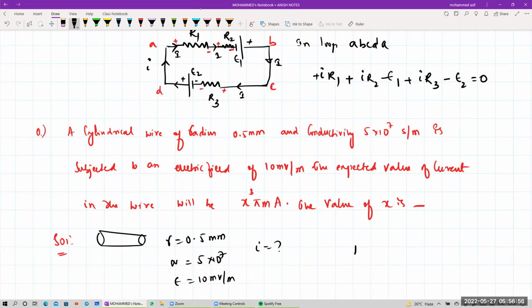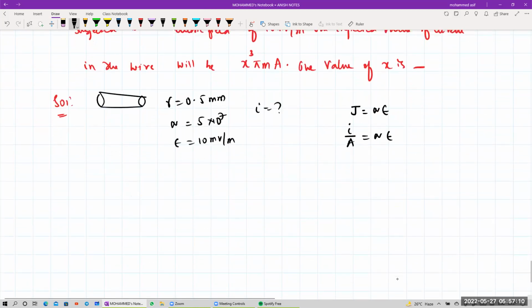Okay, we know current density, beta, J is equal to sigma into E. Yes, sir. Current density means what, beta? Current by your area is equal to conductivity into your electric field. Yes, sir. So I can write here right now, current I is equal to sigma into A into electric field. Right? Yes, sir.